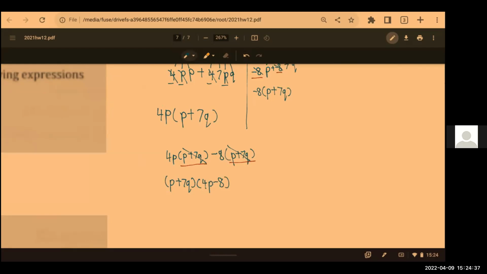Is that all? Can you do something to the 4p minus 8?